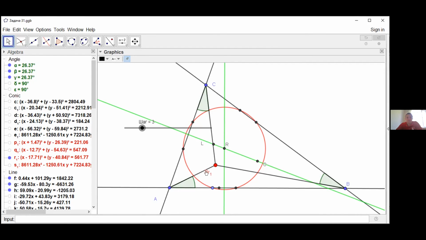Let us consider Brocard points of the triangle. The first Brocard point is here with equal angles, like Brocard 1 A B, Brocard 1 B C, and Brocard 1 C A. And the second is isogonally conjugate to it.